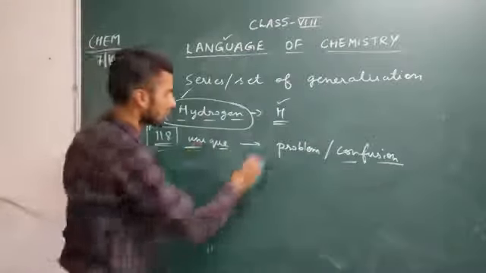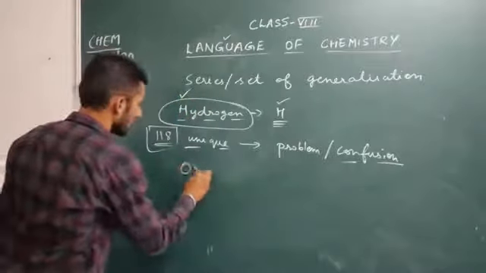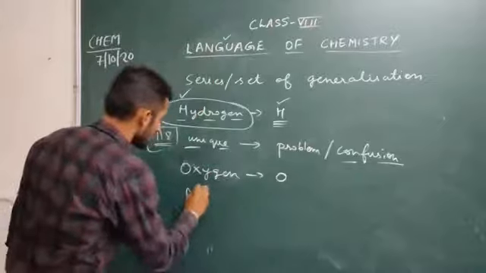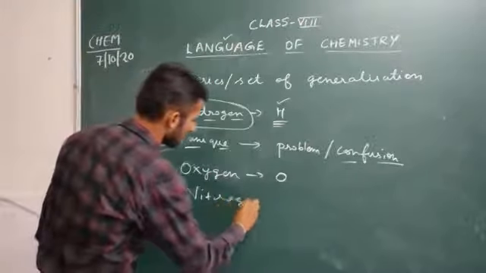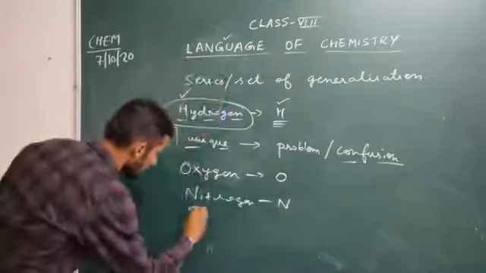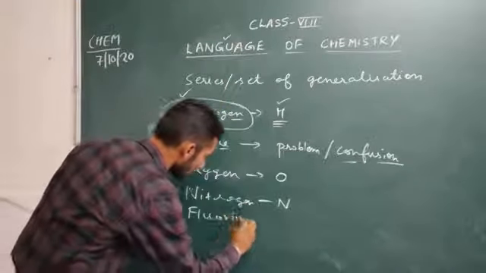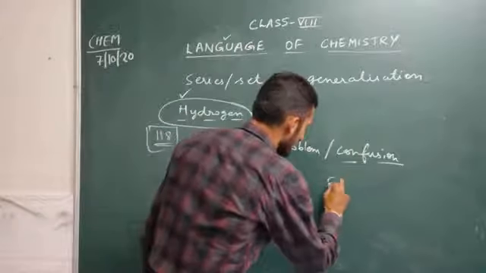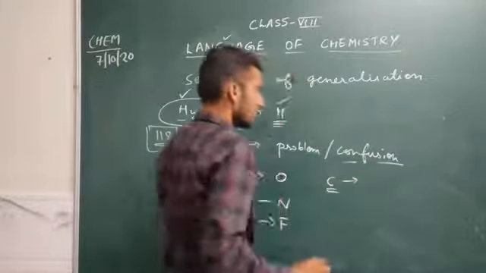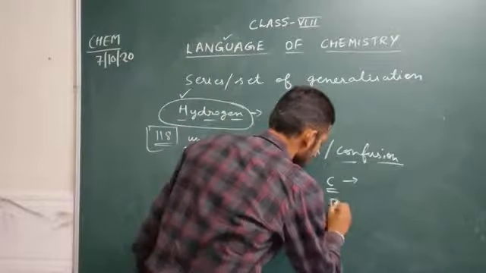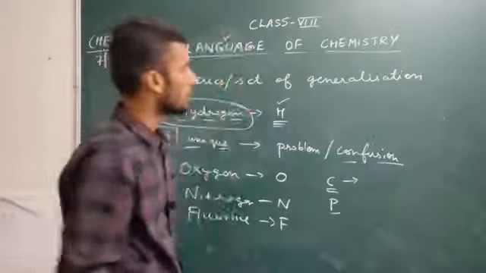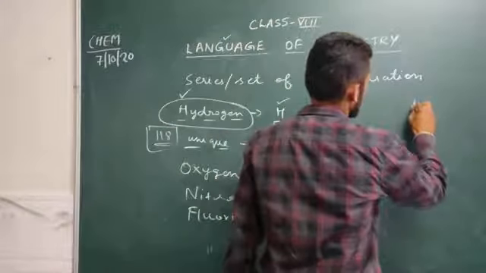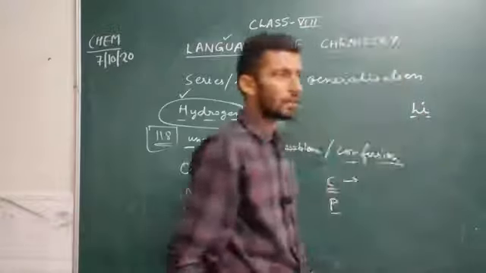Like we know hydrogen has the symbol H, oxygen has the symbol O, nitrogen has the symbol N, fluorine has the symbol F, then we have carbon C, then we have phosphorus, it is P, then we have lithium, Li.